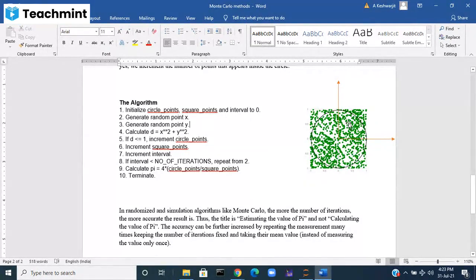The square and the circle both possess symmetry. And what is that symmetry? The area of the sector of the circle which lies in the first quadrant is only 1/4 the area of the circle.